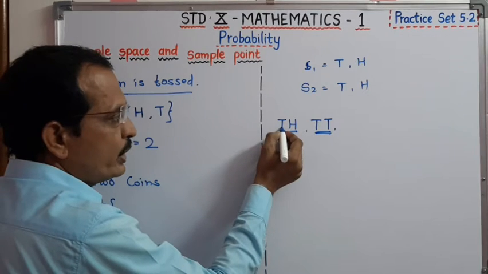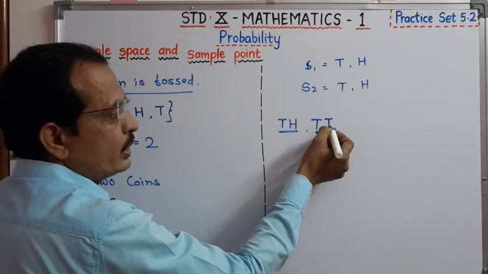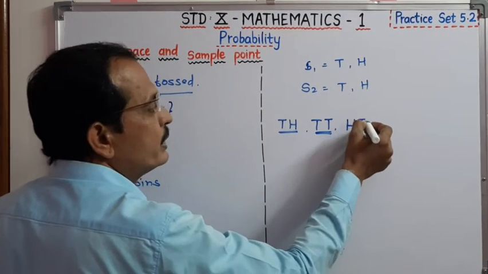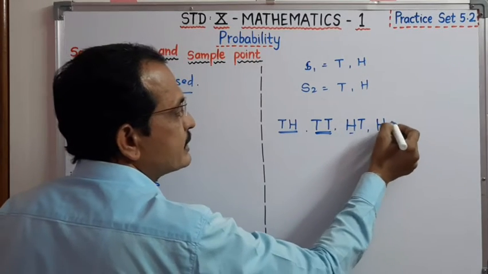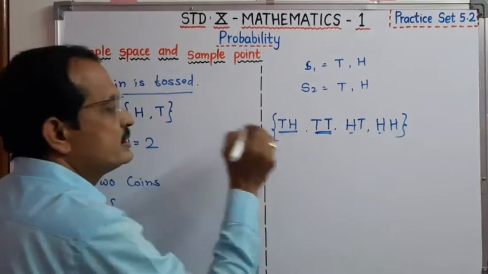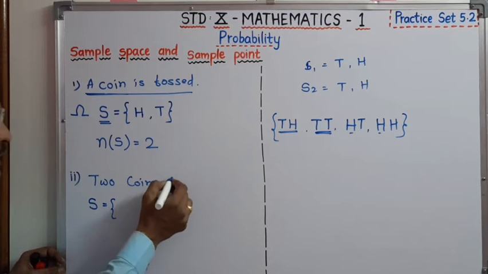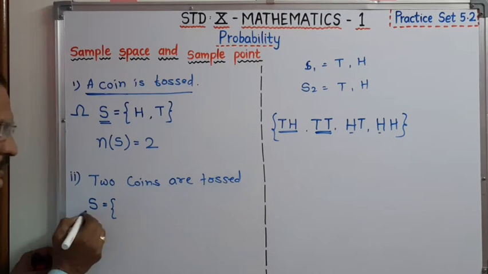Next, first coin H and second coin T, that is HT. And then first coin H and second coin H, that is HH. These are the four possibilities. Therefore, if two coins are tossed, then what is the sample space?